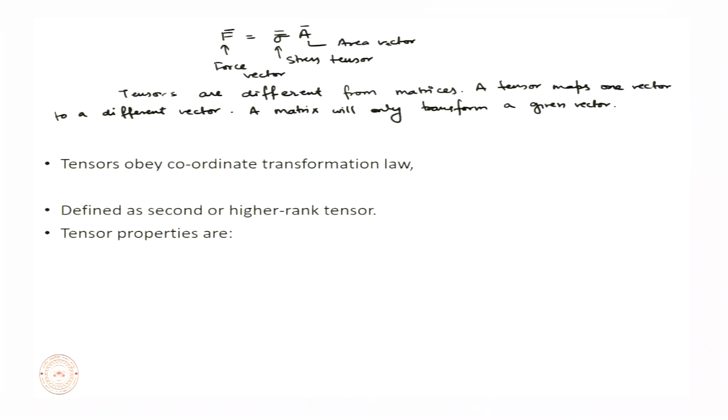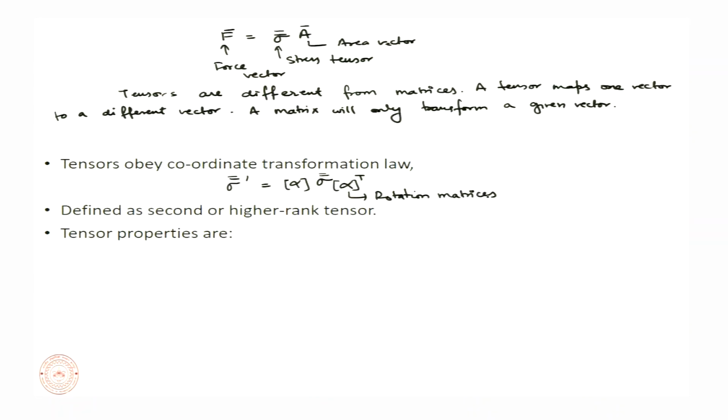Okay. So, the tensors obey a coordinate transformation law. Say the sigma tensor in the prime frame will be equals to alpha times sigma times alpha transpose. So, we have our alpha, these are rotation matrices.